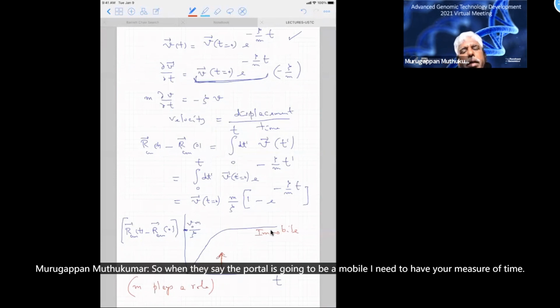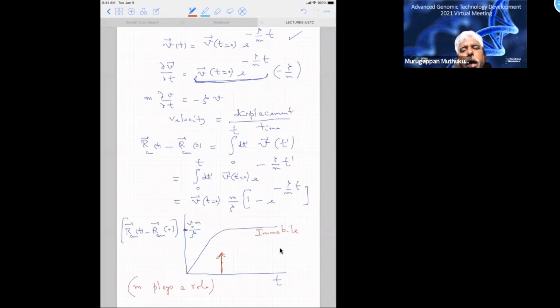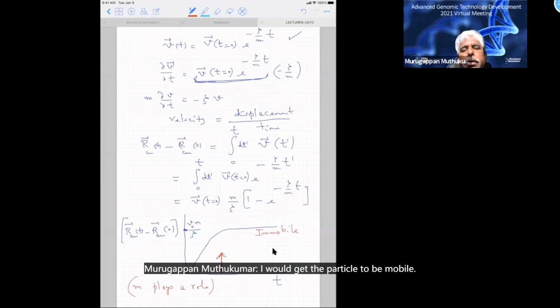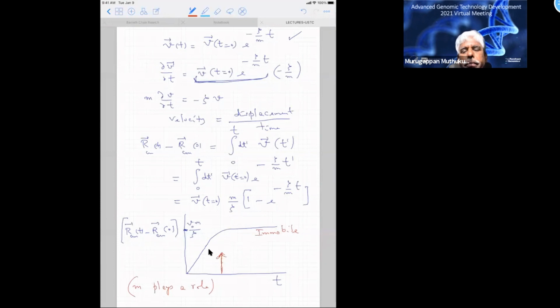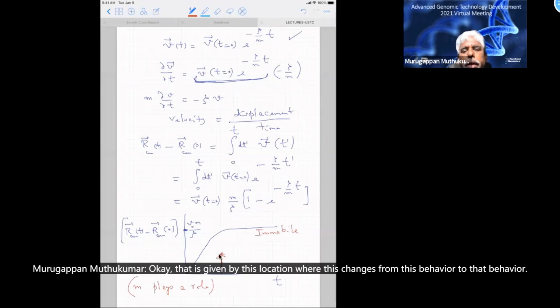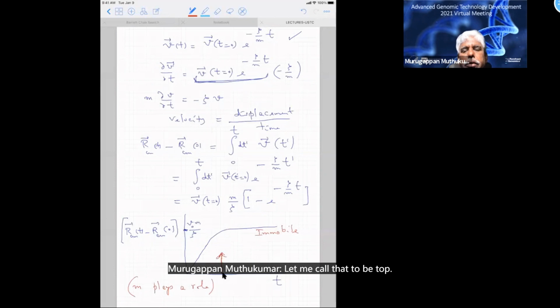So when I say the particle is going to be immobile, I need a measure of time. At what time would the particle be immobile? At what time will it still keep going? That is given by this location, where the behavior changes from this to that. Let me call that tau.